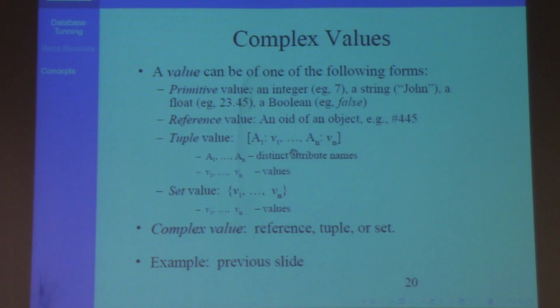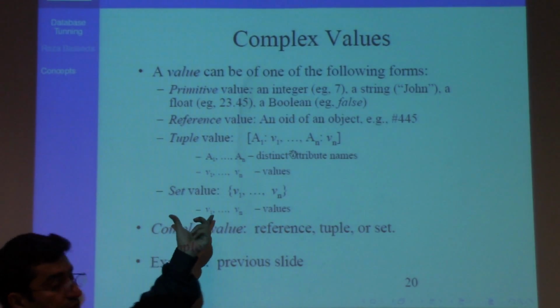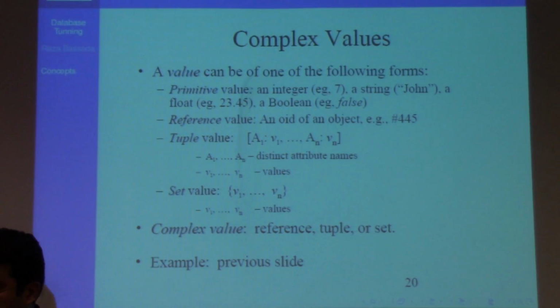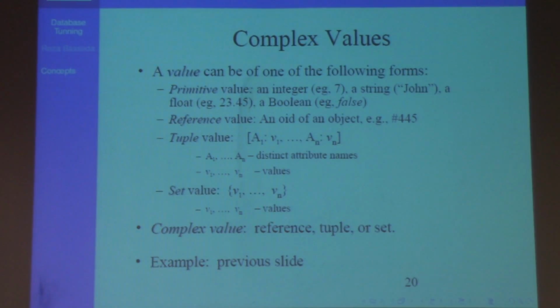Okay, and also it can be set values. We talked about this at the beginning of the class. For example, a person can have a set of children, right? A person can have a set of phone numbers. So then complex values are the ones that are references, or tuples, or sets.